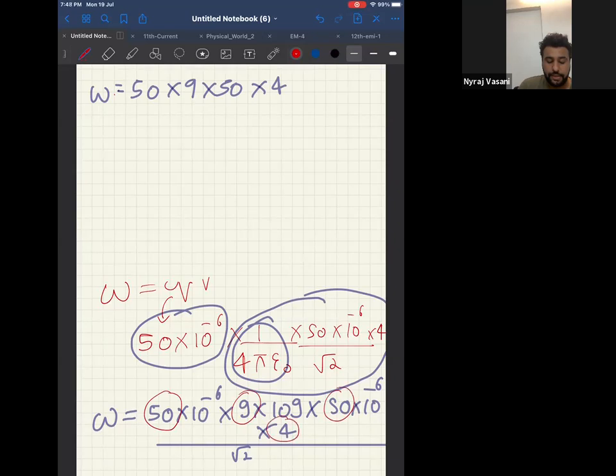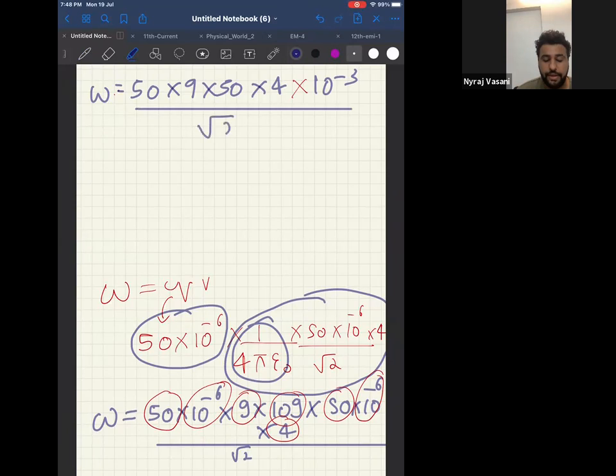50 into 9 into 50 into 4 into, tell me, 10 power minus 6 twice is 10 power minus 12. 10 power minus 12 and 10 power 9 will become 10 power minus 3 divided by root 2.